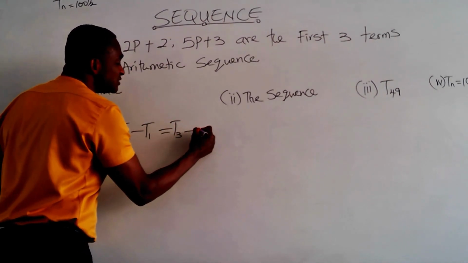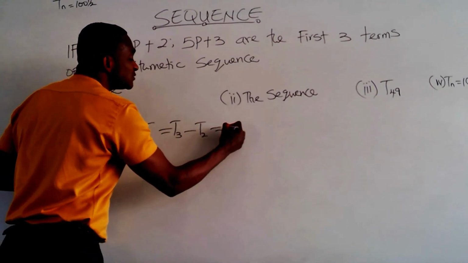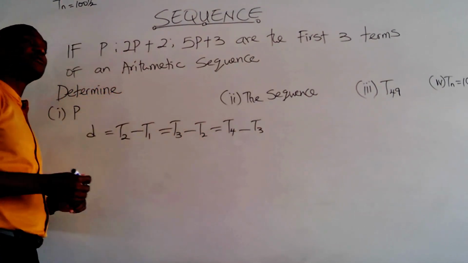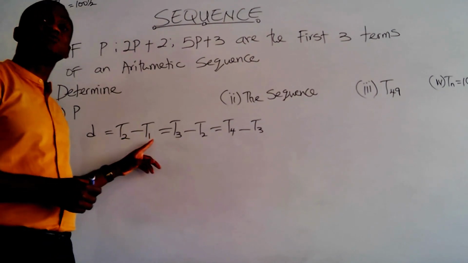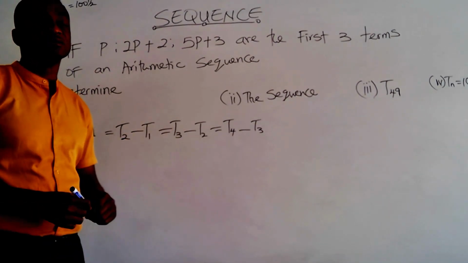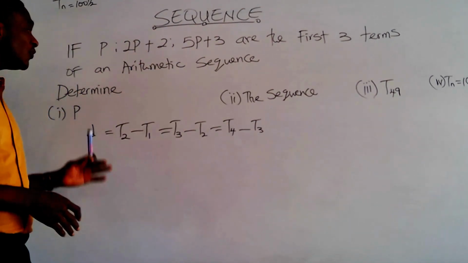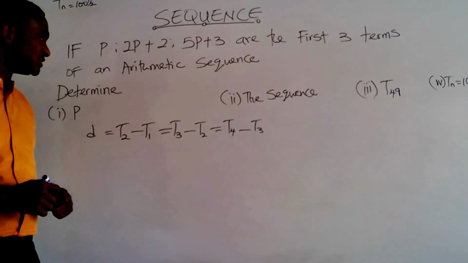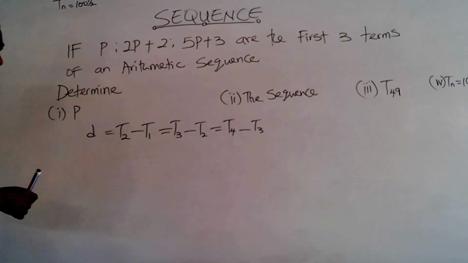It must be equal to t3 minus t2, which must be equal to t4 minus t3, and so on and so forth. So it's tn minus t(n-1) equals the same common difference. It goes on and on. Once we can validate this, it means that our sequence is arithmetic. So let's go through this.